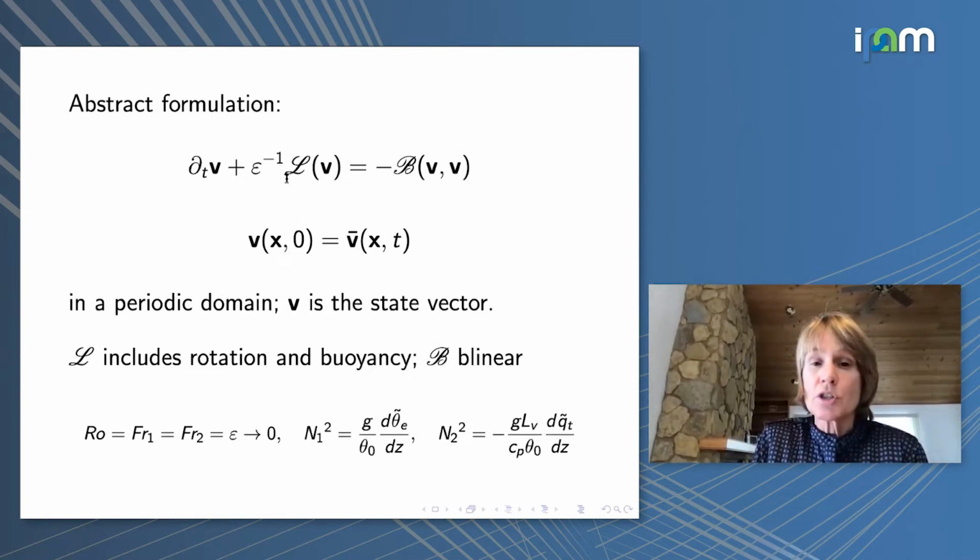So there is a large parameter 1 over epsilon multiplying this operator L, and our Rossby and Froude numbers are equal to epsilon, which we're taking to 0. Now we have two Froude numbers because we have a background temperature profile and a background water profile, both of which are assumed to put us in a stable situation.